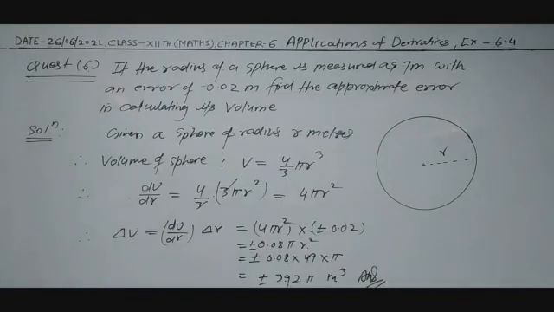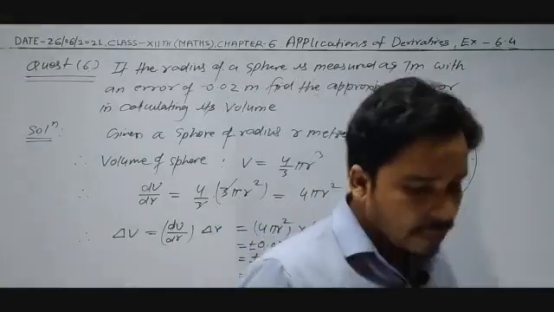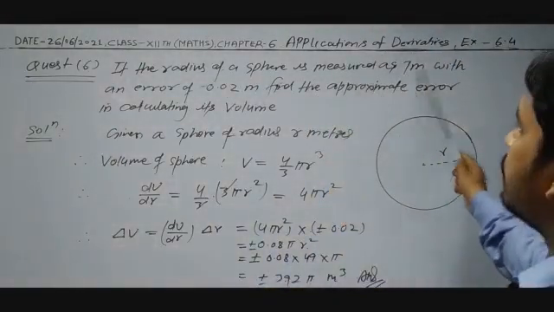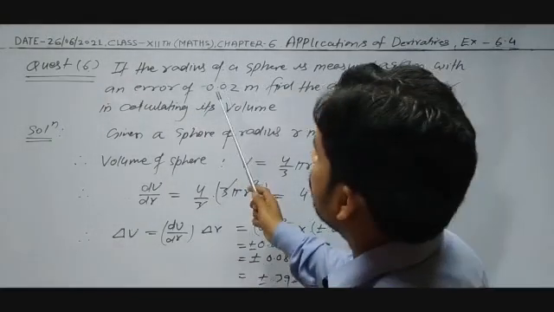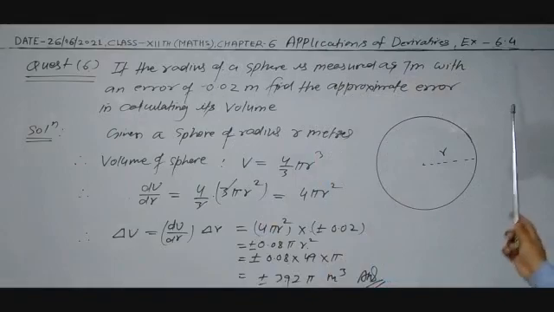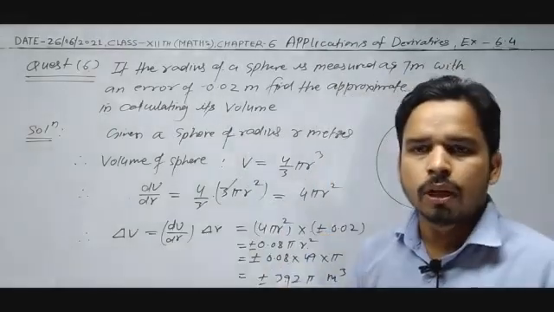Now come to question number 6. Question number 6 is: if the radius of a sphere is measured as 7 meter with an error of 0.02 meter, then find the approximate error in calculating its volume.